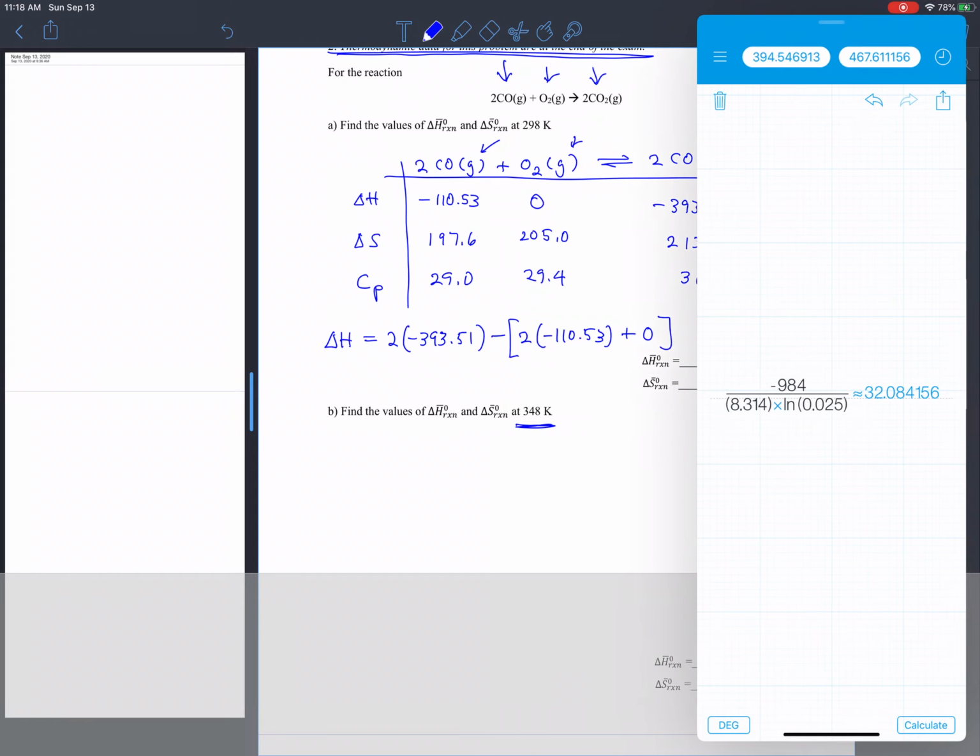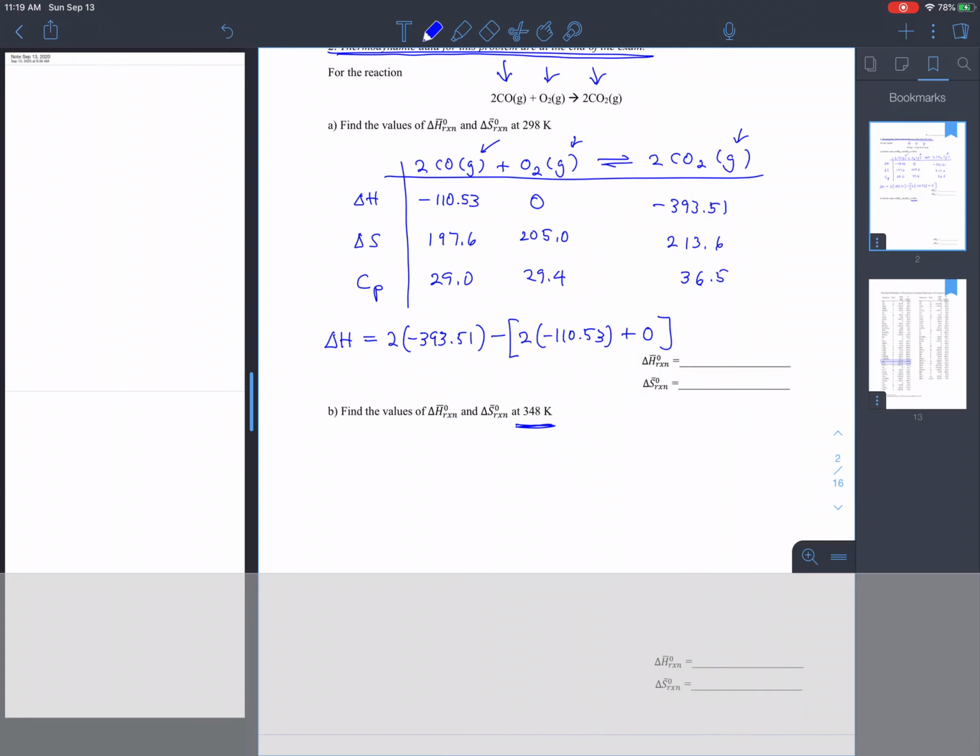That is equal to 2 times minus 393.51 minus 2 times minus 110.53, and the 0 we don't have to put in, and that is minus 565.96.